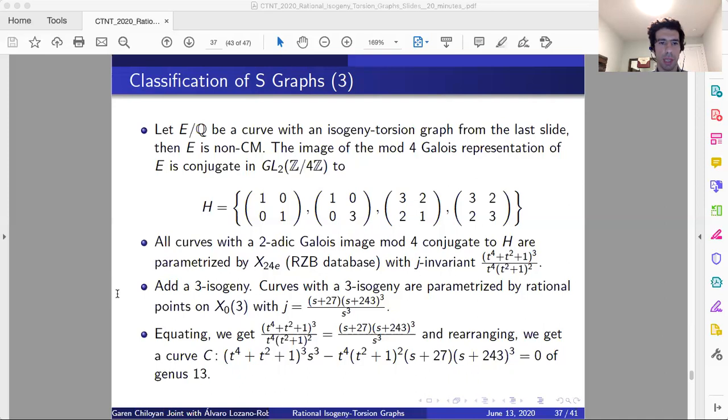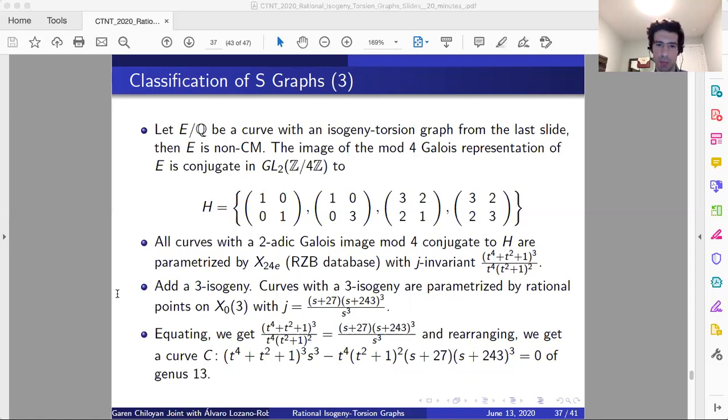Jeremy Rouse and David Zureick-Brown classified all the 2-adic images of Galois representations attached to non-CM rational elliptic curves. All curves with a 2-adic Galois representation image mod 4 conjugate to H are parameterized by the non-cuspidal rational points on the curve found in the RZB database with label X24E.